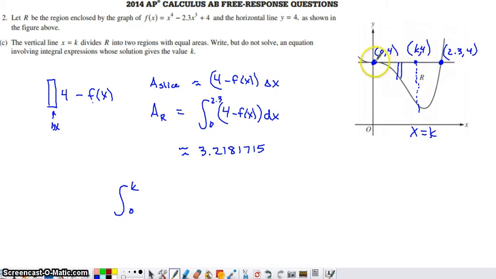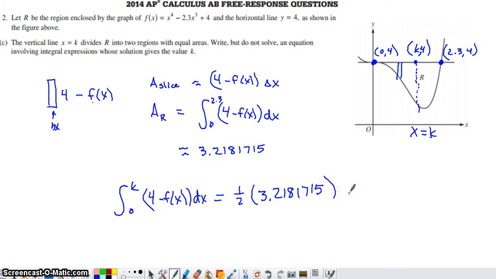So if I did the integral from 0 up to k, I would just be getting the area to the left of this dashed line that I tried to draw a minute or two ago. And so the integrand is going to be the same. I would want to know when this integral is equal to half of the area of the entire region R. And so if you were able to solve this equation, you'd have your value of k.